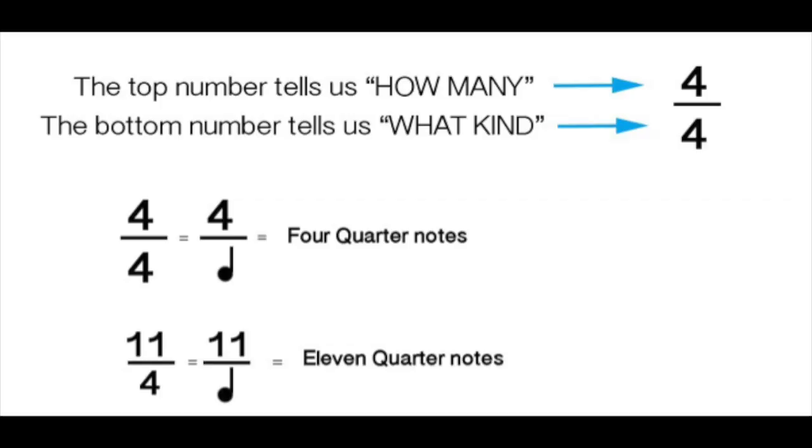The top number 4 indicates how many beats there are going to be between the bar lines. The bottom number 4 tells you what kind of beats we're going to count. For 4, we're going to count 1, 2, 3, 4. Those beats are quarter notes. Think of the whole 4/4 as a dollar, and each quarter note is a quarter.